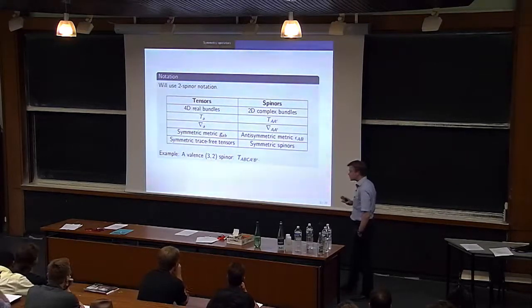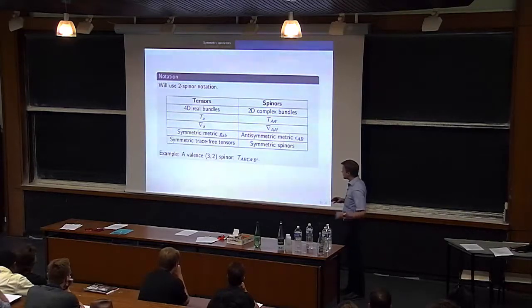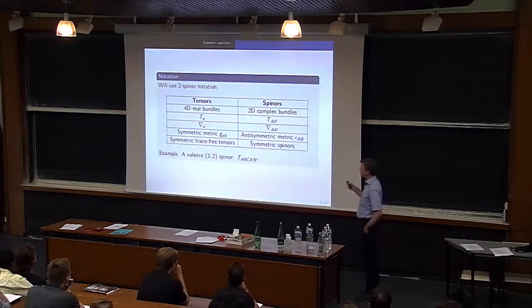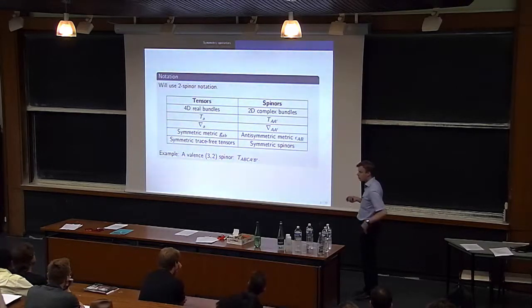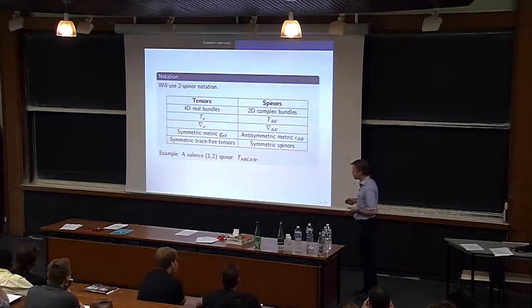I will use spinor notation throughout. Lars has told you both in the course and in his talk a little bit about what it is, but I'm going to very quickly recap the similarities and differences from ordinary tensor notation. For tensors, you have four-dimensional real vector bundles because we are just studying a four-dimensional manifold.